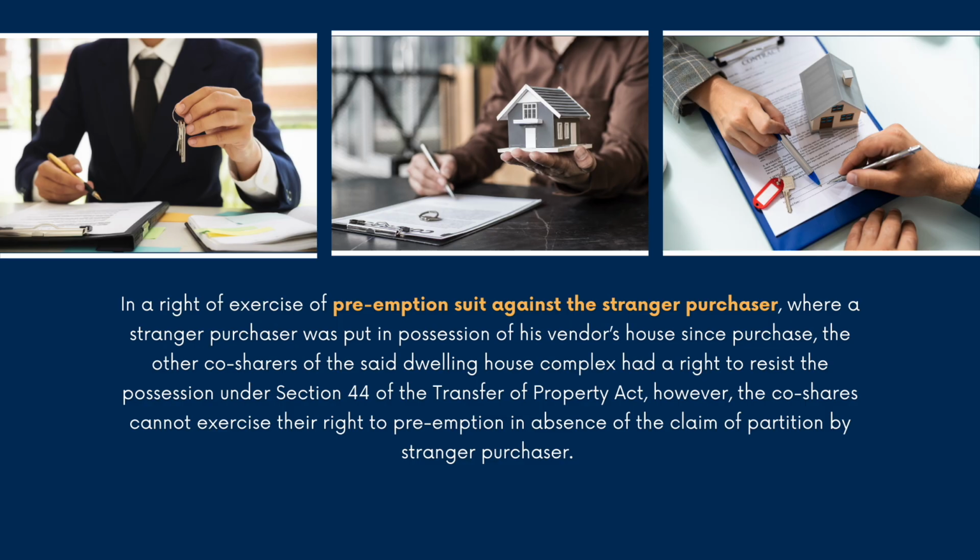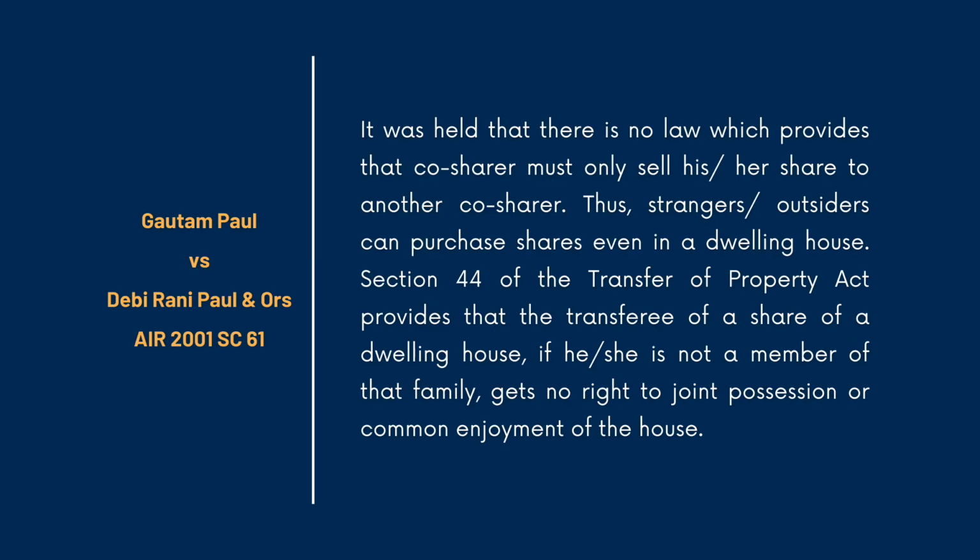However, the co-sharers cannot exercise their right to preemption in the absence of a claim of partition by the stranger purchaser. In Gautam Paul versus Devi Rani Paul, a 2001 decision of the Supreme Court, it was held that there is no law which provides that co-sharers must only sell his or her share to another co-sharer. The strangers or outsiders can purchase shares even in a dwelling house.